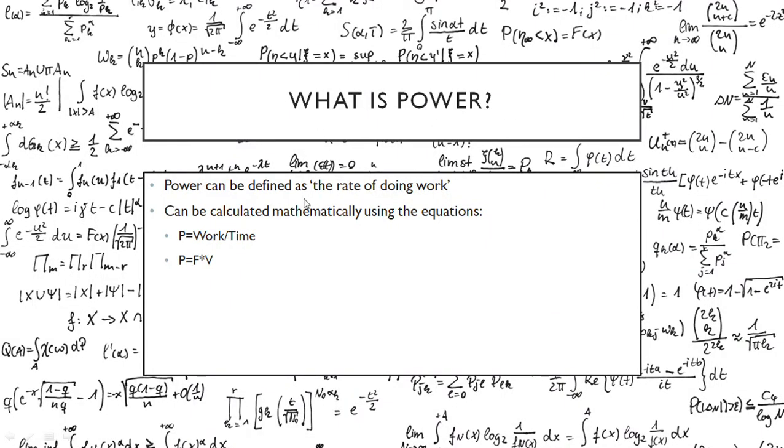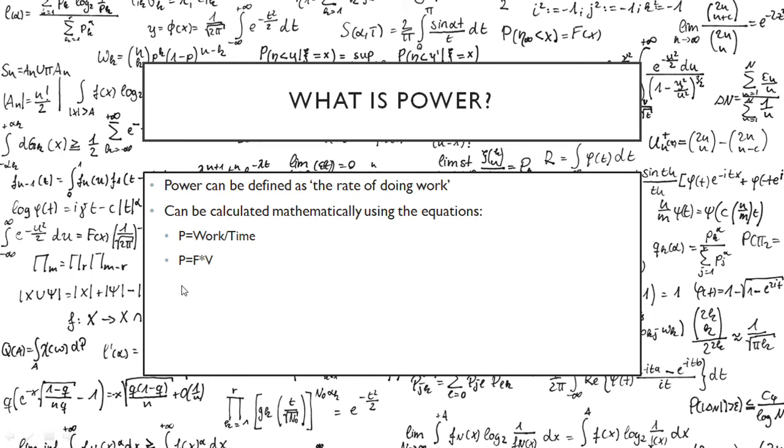If we look at the textbook definition, power is the rate of doing work. And this works well with this mathematical equation, where power equals work divided by time. That suggests that if we can do more work in the same amount of time, or the same amount of work in less time, then we're going to increase power.